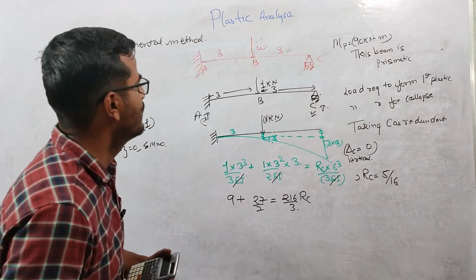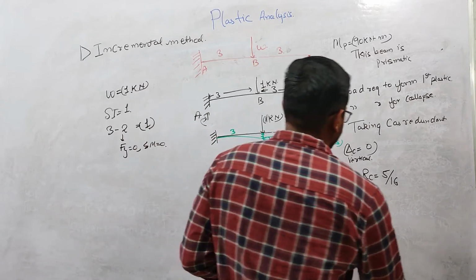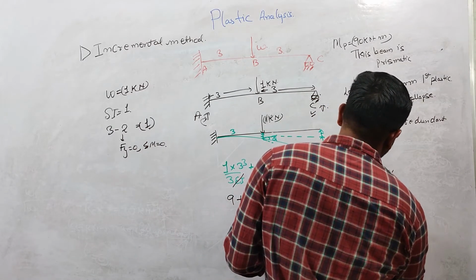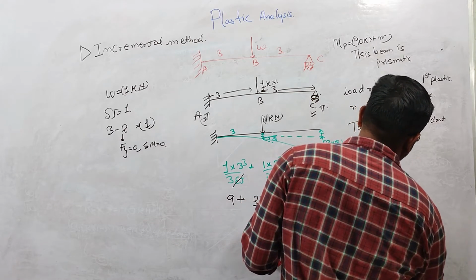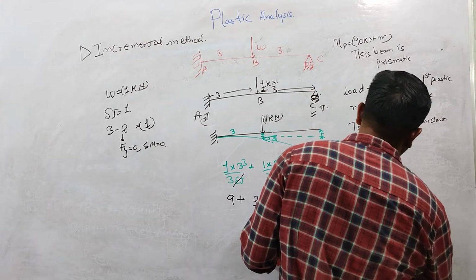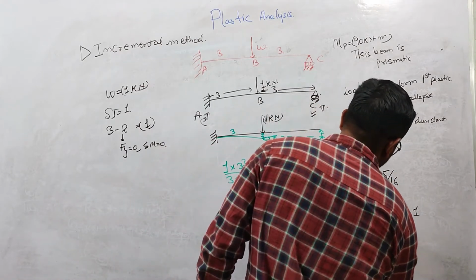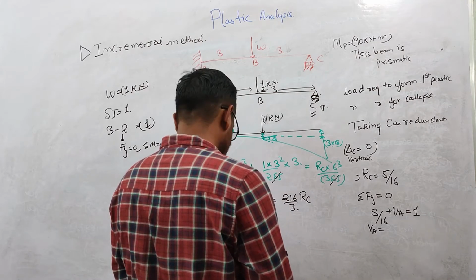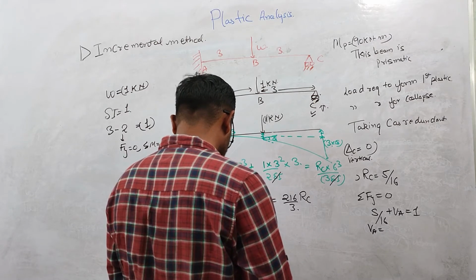And if we take the vertical equilibrium, I can write summation Fy equals to 0. So 5 by 16 plus VA will be equal to 1, or you can say that VA equals 1 minus 5 by 16, that is 16 minus 5 divided by 16.